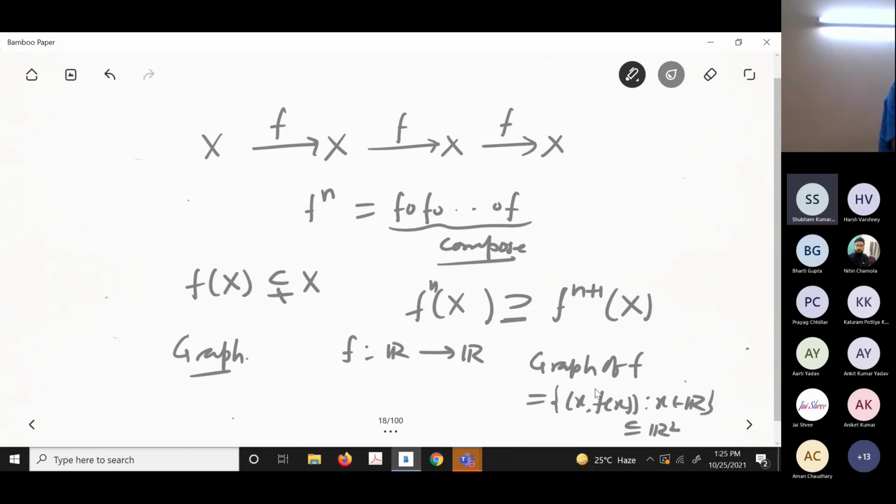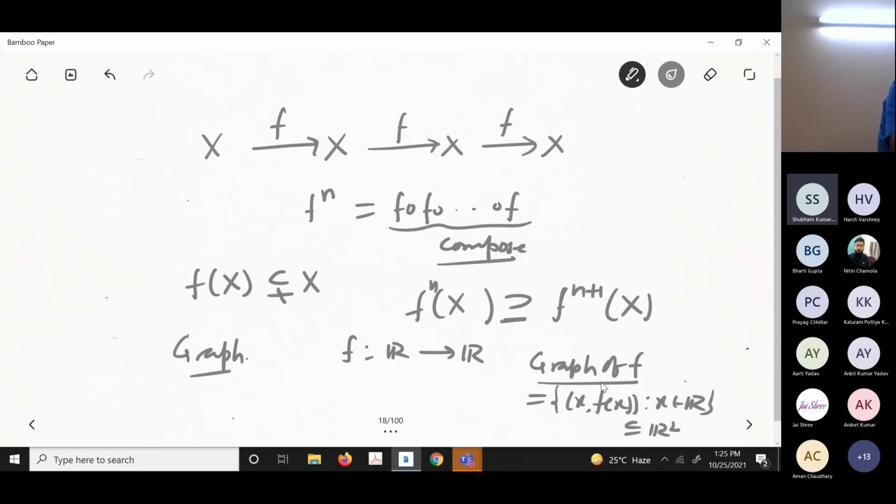The graph of F is not a subset of R, it is a subset of R square. So that R square also has a topology, the usual topology. I can think about whether the graph is closed or not.